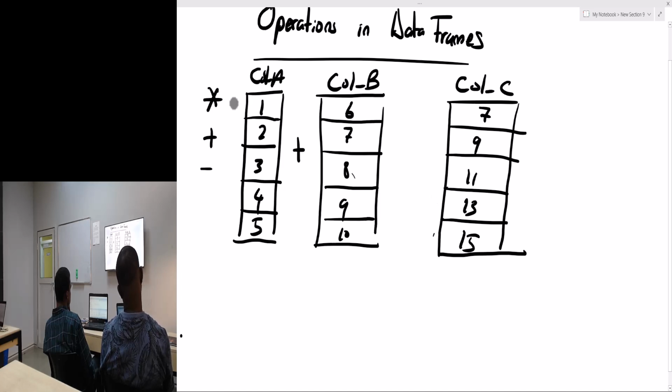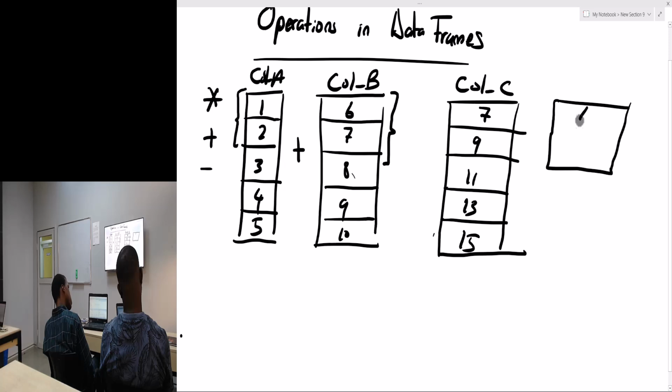If we did a slicing, if we say only the first two rows from column A, and only the first two rows of column B should multiply each other, we'll have a result that will be only two rows long. So it's only going to be 6 and 14.